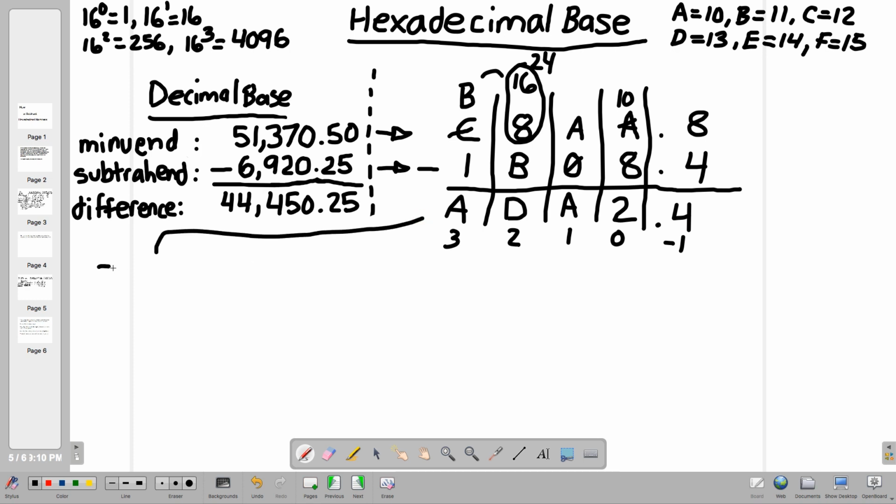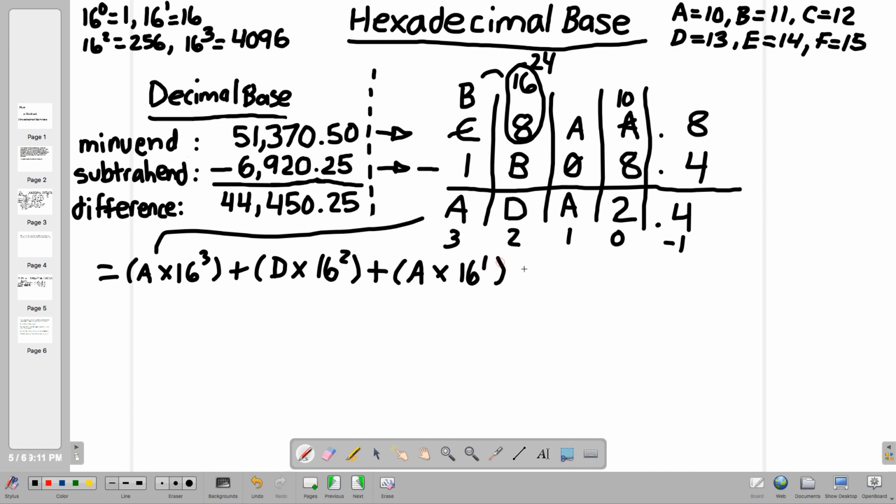All right, so we have A times 16 to the third power plus D times 16 to the second power plus A times 16 to the first power plus 2 times 16 to the 0 power plus 4 times 16 to the minus 1 power.